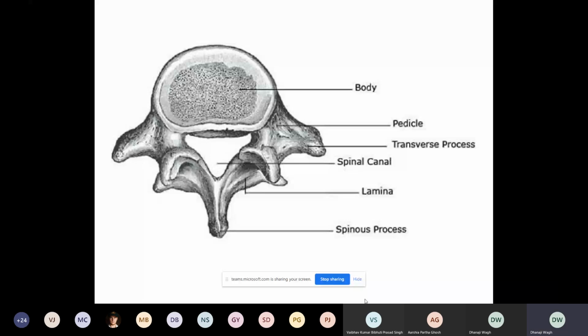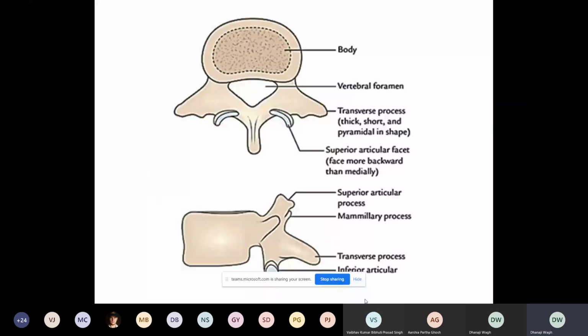Also you can see here its superior view and lateral view. In the superior view, you can identify its transverse process. It is short, thick, and pyramidal in shape, and the superior articular process bears a facet which faces more backward than medially. So this is the fifth lumbar vertebra.